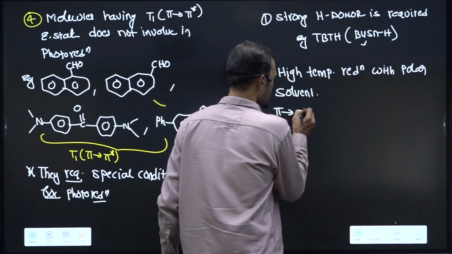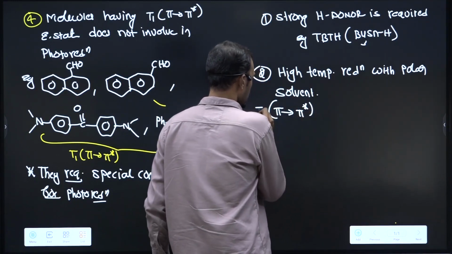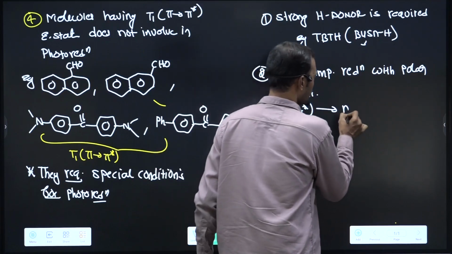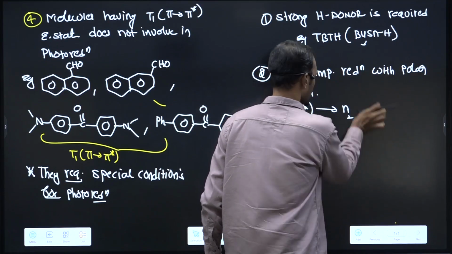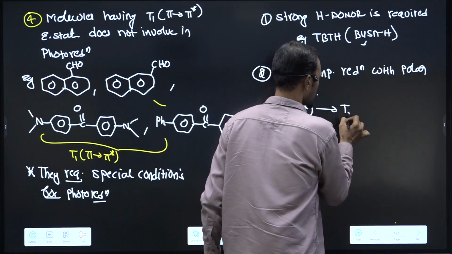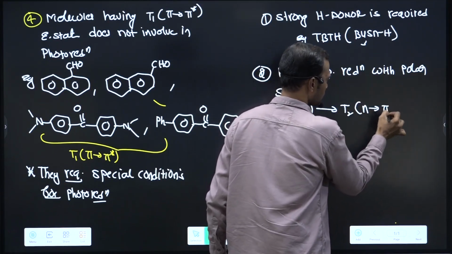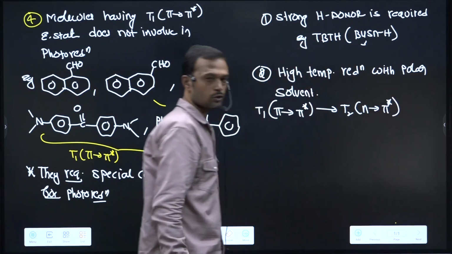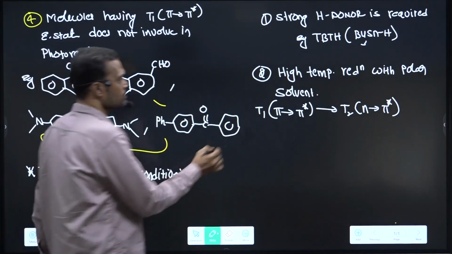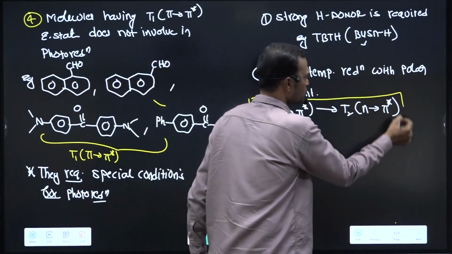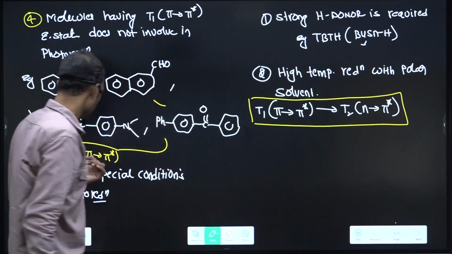So listen, this reason is very important. T1 pi to pi star is converted to T2 n to pi star. That's why photoreduction is possible. This is the reason they gave an example. This is the reason for photoreduction of a molecule having pi to pi star.